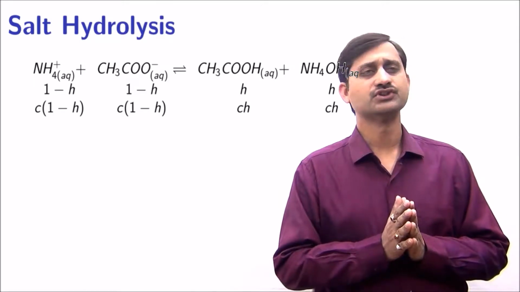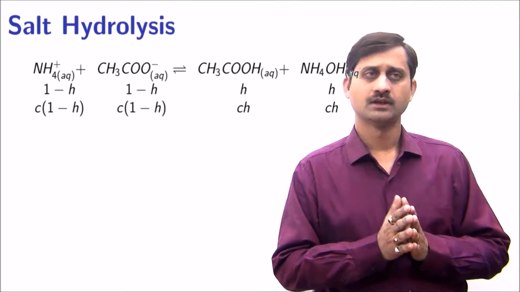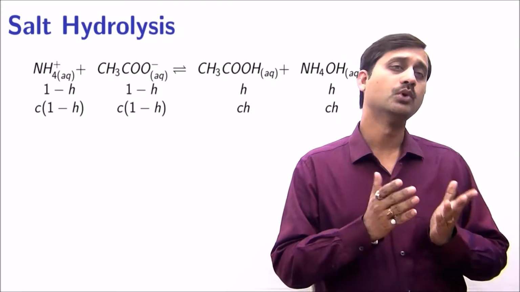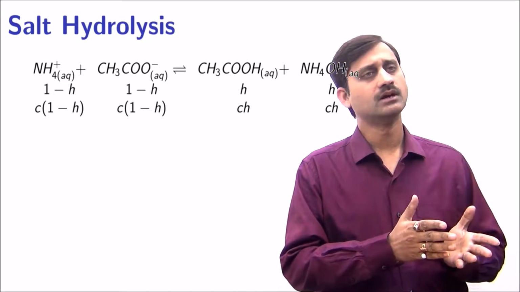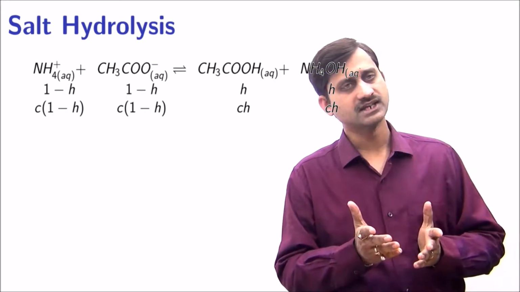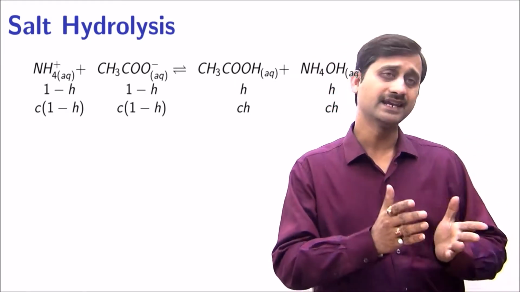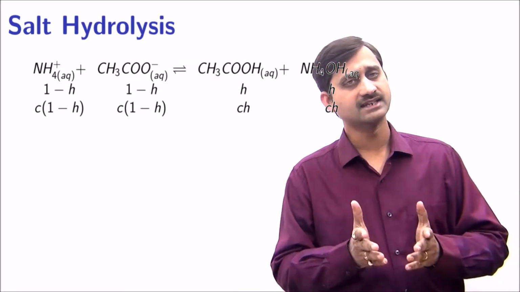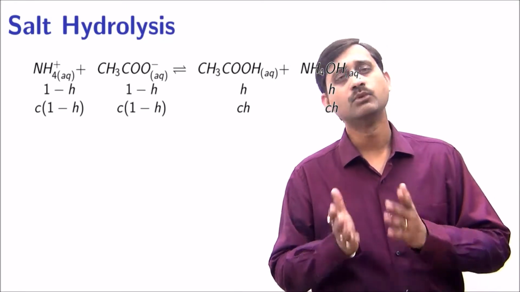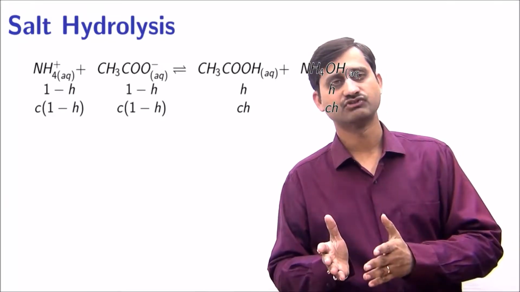Taking the degree of hydrolysis to be H, the concentration of ammonium ions in the solution will become C(1 minus H). Acetate ion again is C(1 minus H), while the concentration of acetic acid would be CH and ammonium hydroxide would be CH.